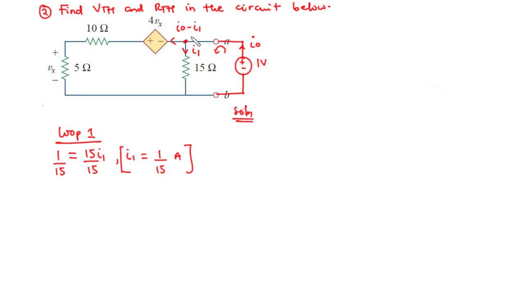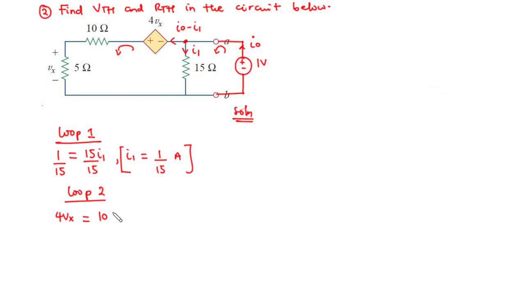Now let's move on to find the value of I0. So this time we are going to consider this loop. Okay, so we call that loop 2. And then we are taking the anticlockwise direction. Again, using KVL, we have the source voltage to be 4Vx, that is equal to, taking the anticlockwise direction, we have I0 minus I1 flowing through 10 ohms and then 5 ohms.